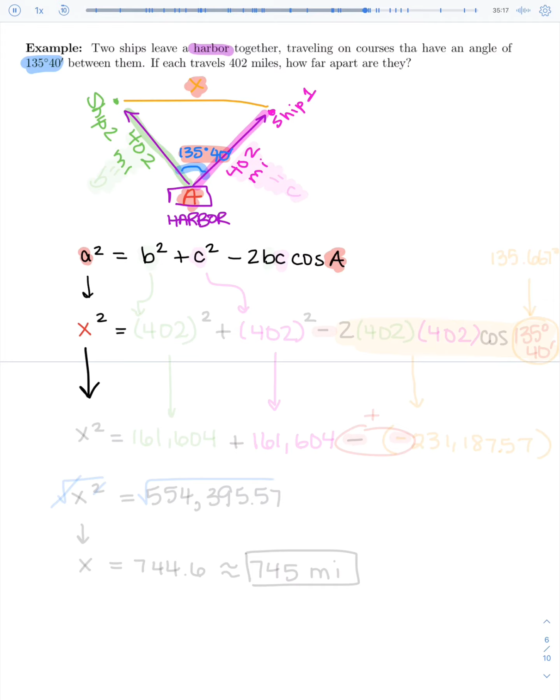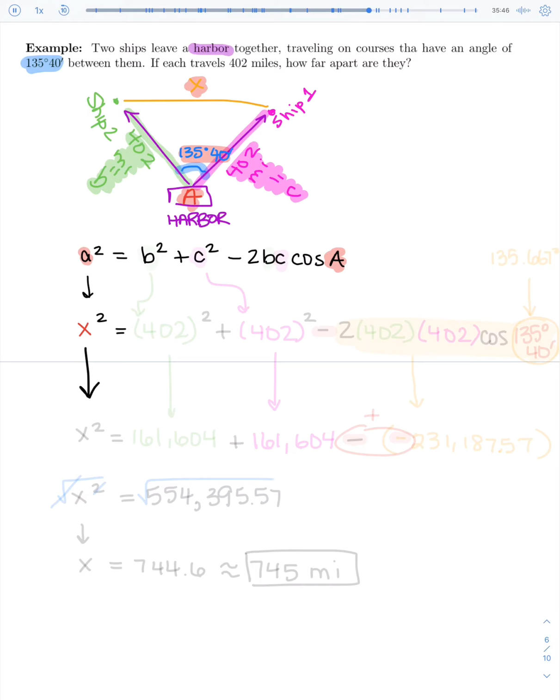And then it doesn't matter what I call the other two sides, so I'll call one of those B, and I'll call the other one C, but it doesn't really matter. And it really doesn't matter for this one because they're actually the same length, 402 miles for both B and C.